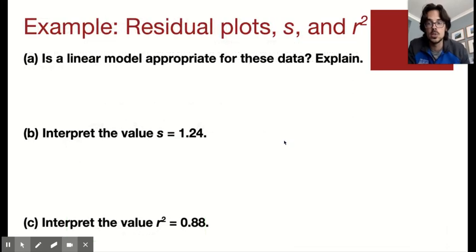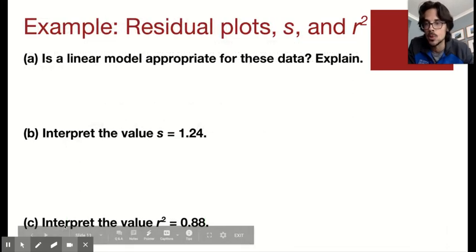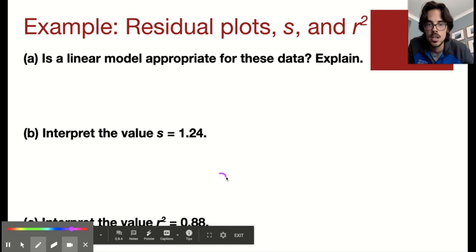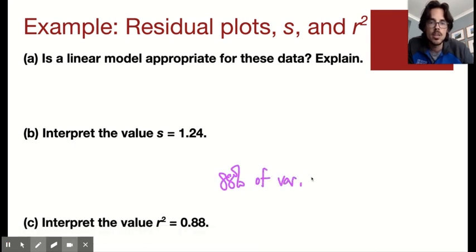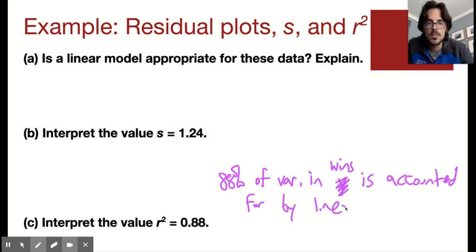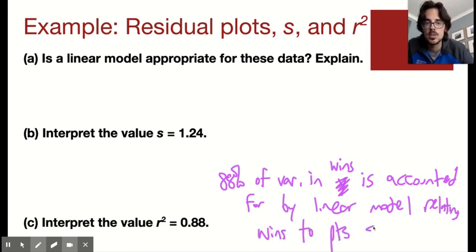So again, just using our script right here, we would say that 88% of the variation in wins is accounted for by the linear model relating wins to points scored.